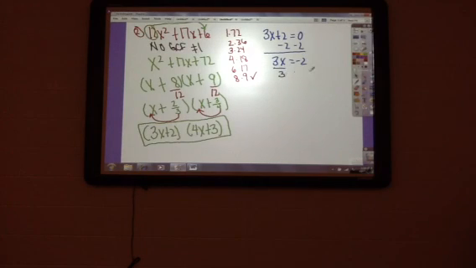Divide by 3 on both sides, and you get x equals -2 over 3, which is the same thing as -0.6666, and so on. So that is one of our solutions, or our x-intercept.